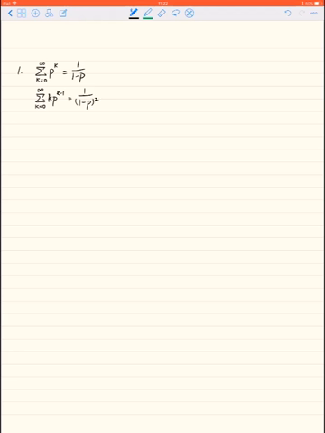And then we can just multiply by p, and we get that the sum from k equals 0 to infinity of k times p to the power of k equals p divided by (1 minus p) to the power of 2.